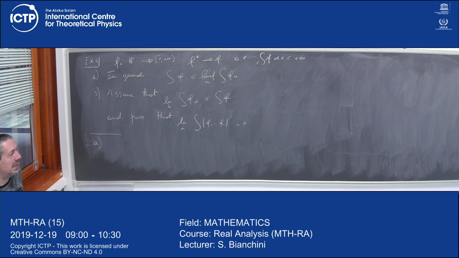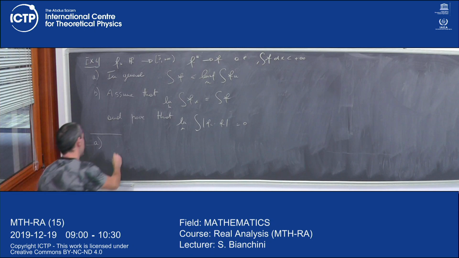But there is something in the proof because here it doesn't work. Let me see if there is some. No, okay, yes. Okay, assume now that the integral is converging.